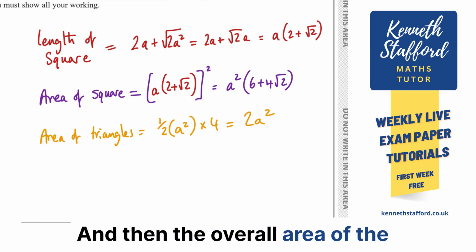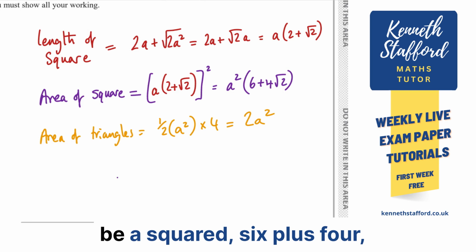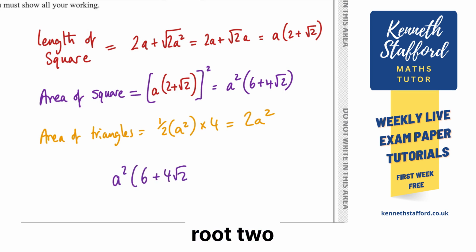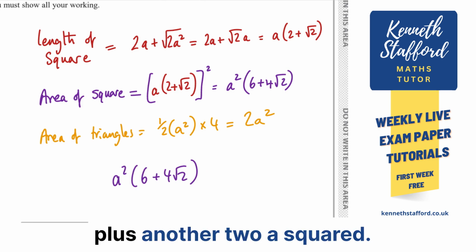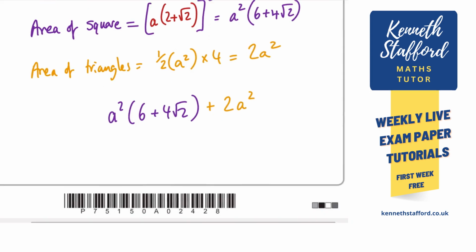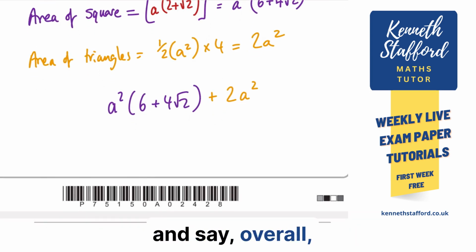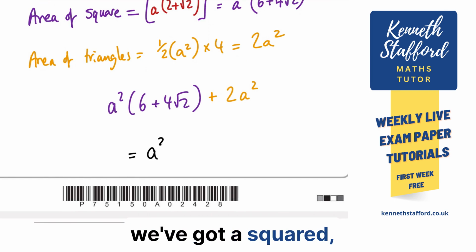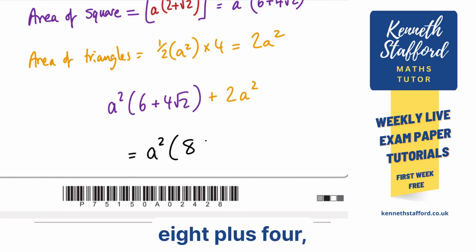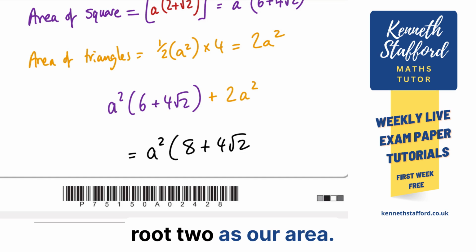And then the overall area of the square and the triangles would be a squared 6 plus 4 root 2 plus another 2a squared. So what we can do there is take that 2 inside the bracket and say overall we've got a squared 8 plus 4 root 2 as our area.